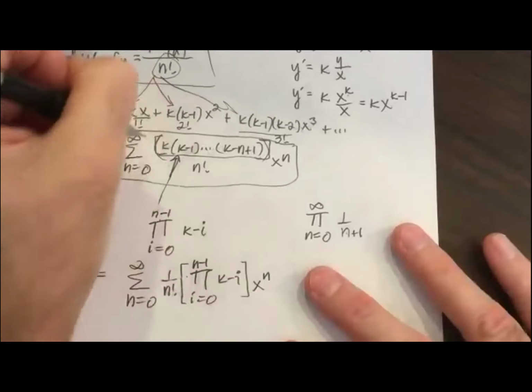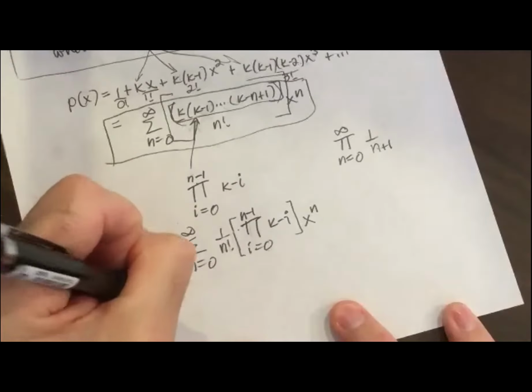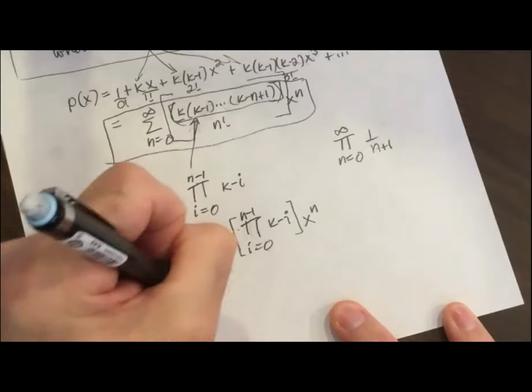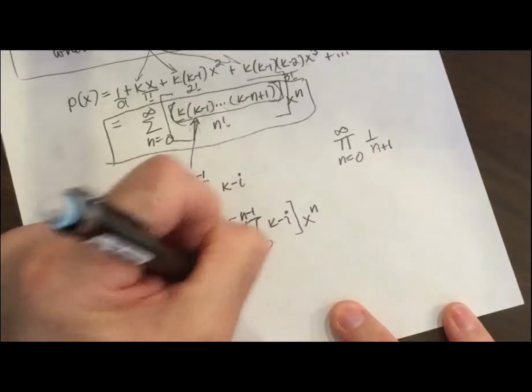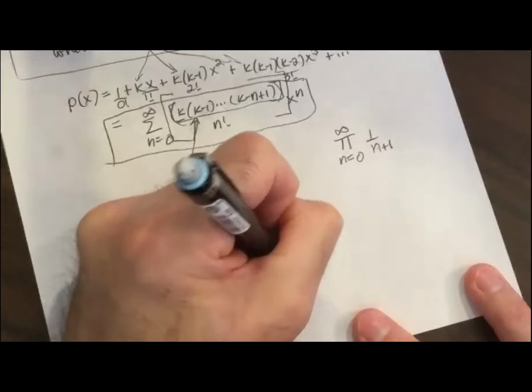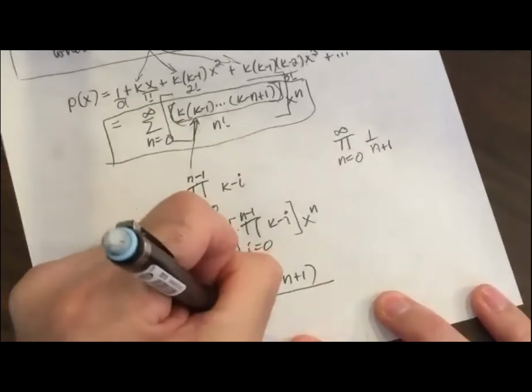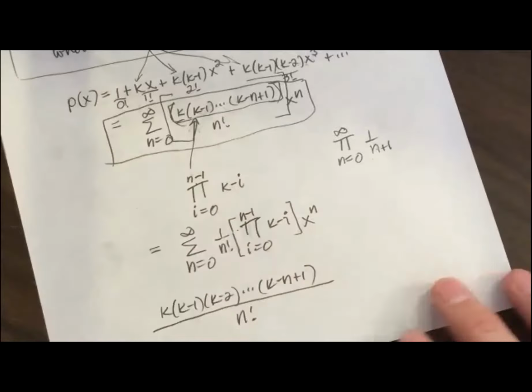Now, this whole thing inside here is getting a little messy. This whole k times k minus 1 times k minus 2, dot, dot, dot, down to k minus n plus 1, all over n factorial. This has a special name.